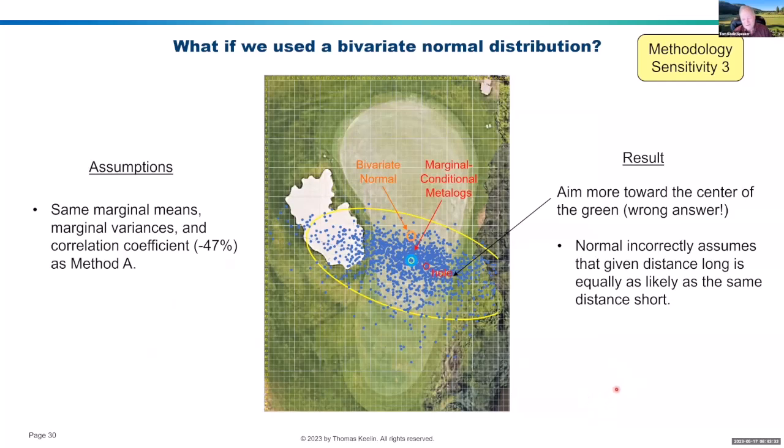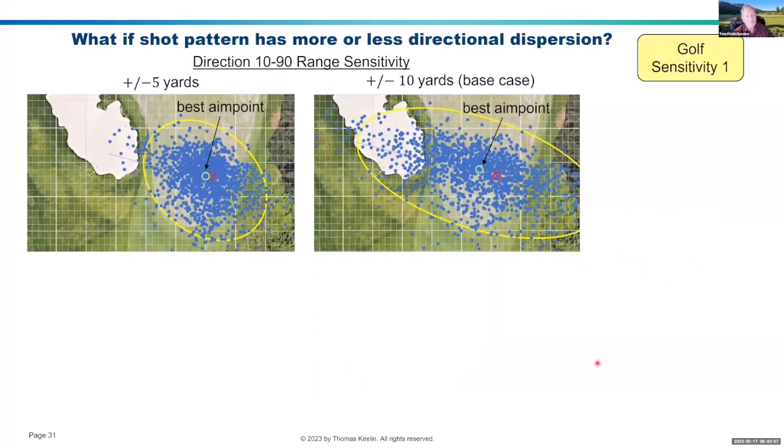And the bottom line is, not only is it not as good an answer, it's also not as authentic a representation, because the multivariate normal incorrectly assumes that a given distance long is equally likely as the same distance short. So it's both harder to use and not as accurate. Might as well not use it. Might as well use what we have just presented here.